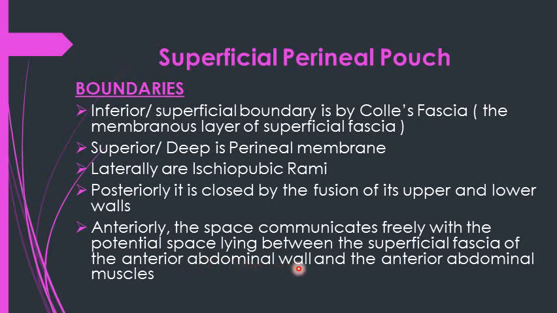In the male, the superficial perineal pouch is continuous with the space around the scrotum, the space of the penis, and then continues into the anterior abdominal wall. In the female, the superficial perineal pouch is continuous along the space of the clitoris and then communicates with the anterior abdominal wall.